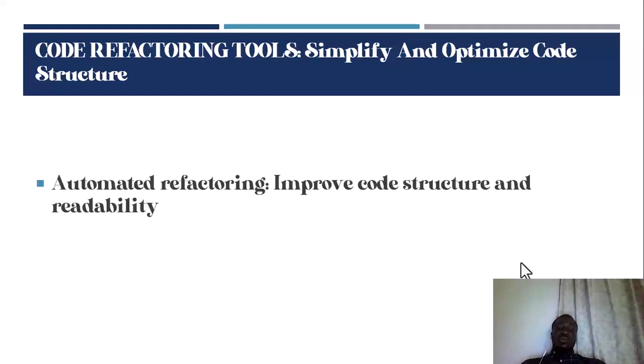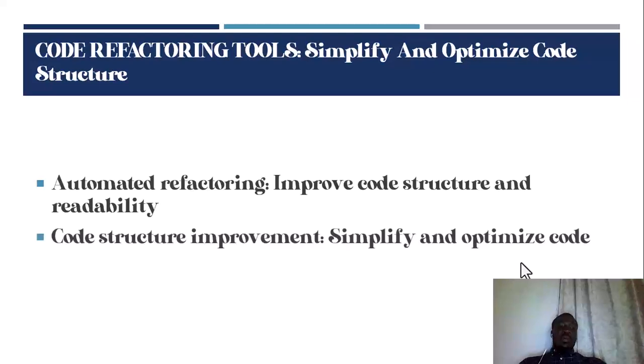So to make your code more readable, we use the code refactoring tool, that is the automated refactoring tool. Then we have the code structure improvement. This one simplifies and optimizes the code.